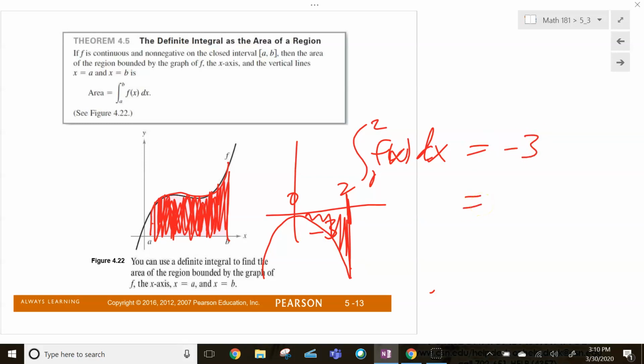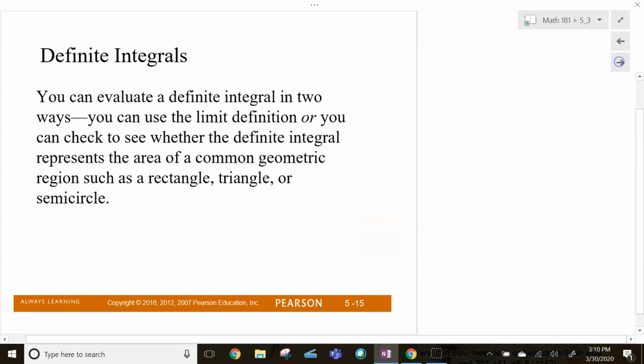It's really representing the opposite of it, because it's summing up all these rectangles that have a negative height, if you will, because it's taking the functional value times the positive width and adding them all up. So the area would simply be the absolute value if it's negative.